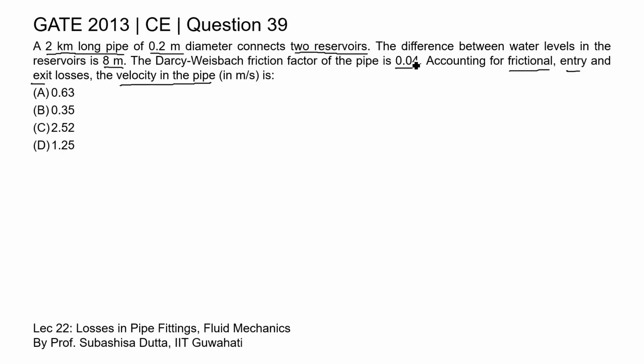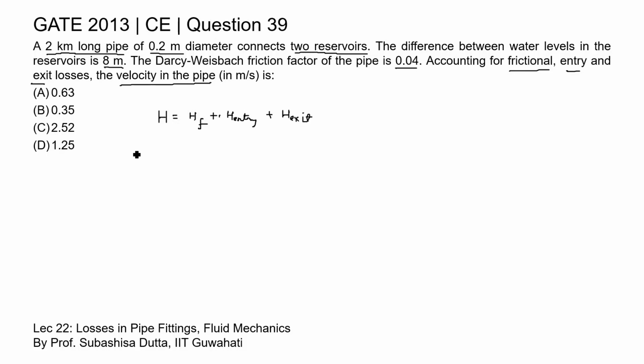So here the head difference between the two reservoirs is 8 meter, and this is due to the frictional loss, the loss due to entry, and the loss due to exit.